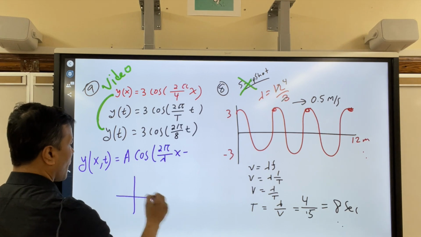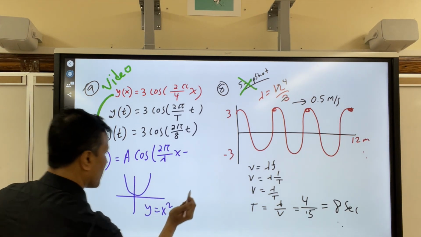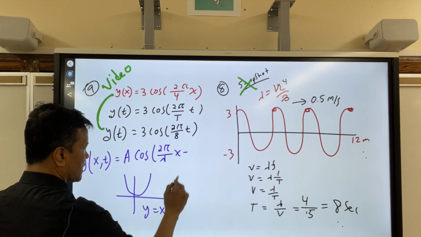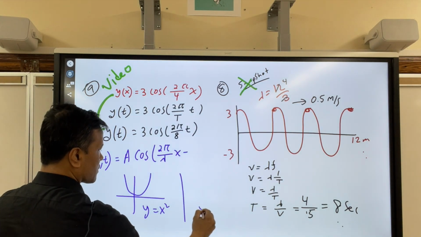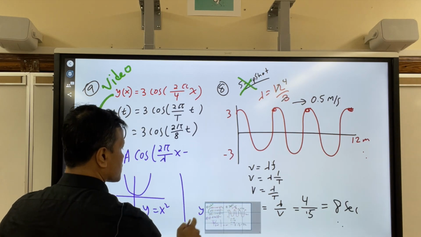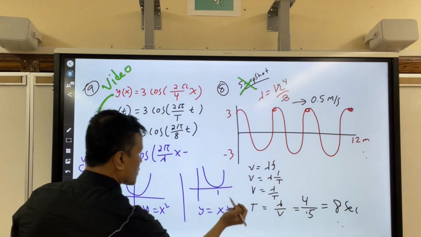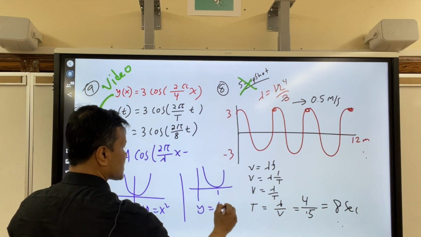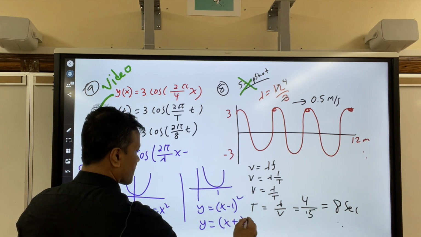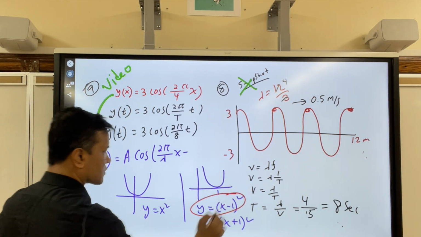For example, y equals x squared, and you want to shift it by 1. So which one would be correct? y equals x minus 1 squared or y equals x plus 1 squared? Well, believe it or not, this is the correct one.